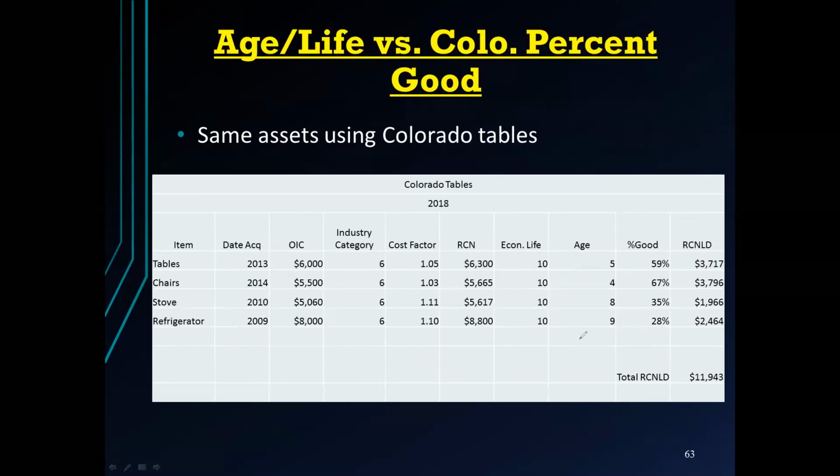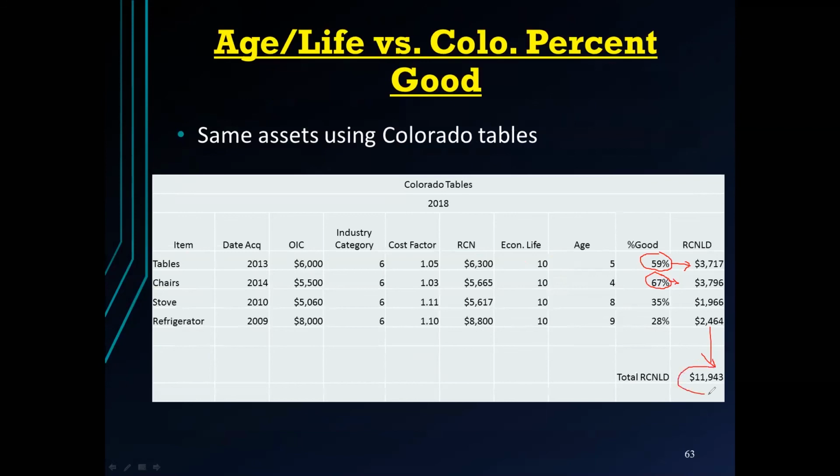None of that's different. But now let's use our published curves for each asset. Now this one's 59% good, 67% good. You can all see that. Okay, so then you come up with an RCNLD for each line item. This is how your CAMA system works. You do this for each line item, come up with individual RCNLDs, and then you add those together.